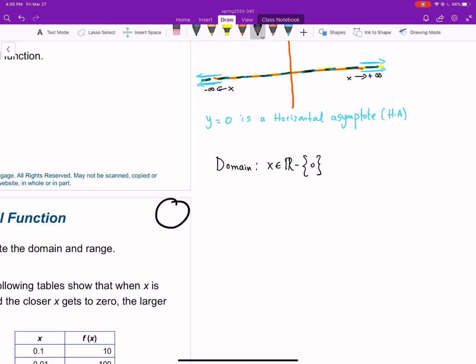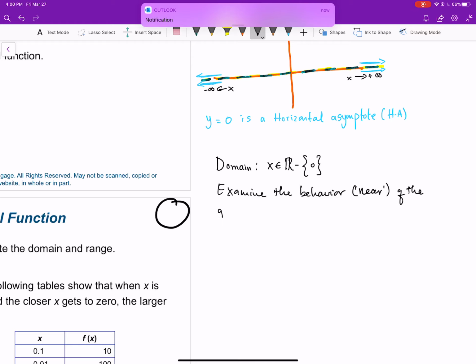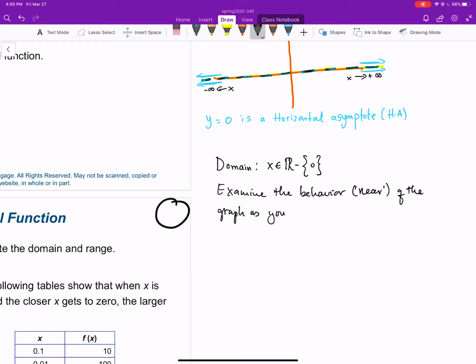So I'm a little bit curious. Let's examine the near behavior of the graph as you approach x equal to 0.